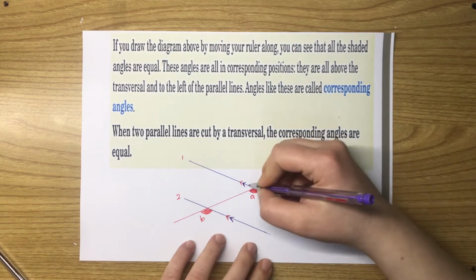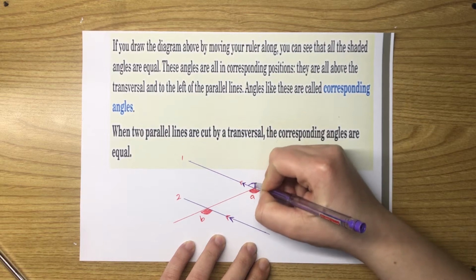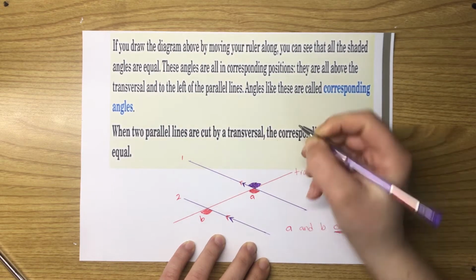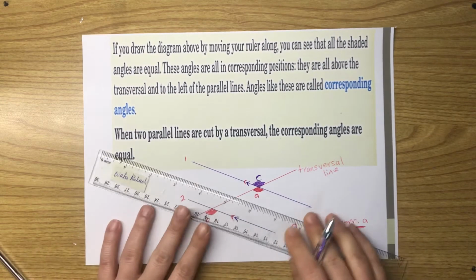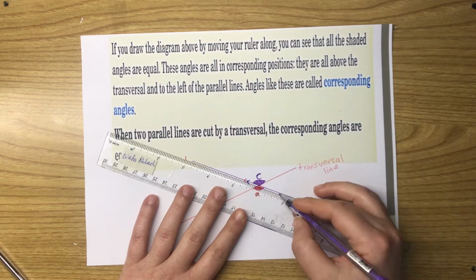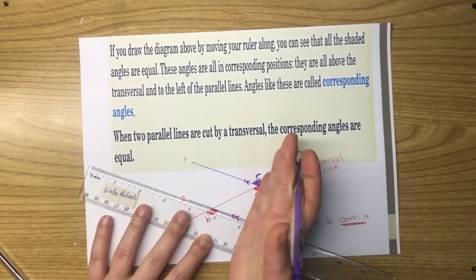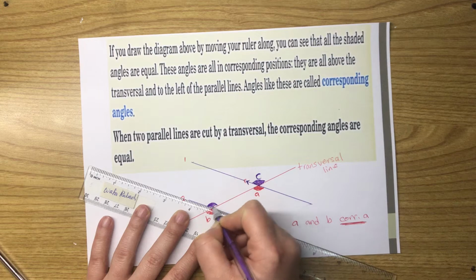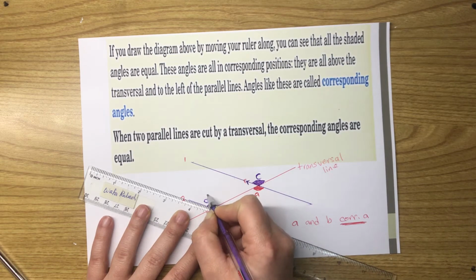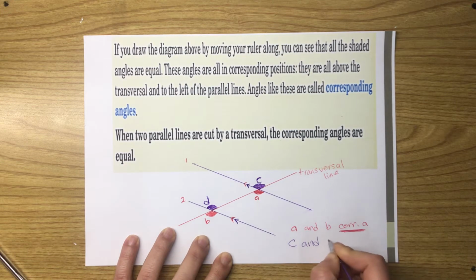What is the corresponding angle for this one? I'm going to name it C. It is on the upper side of this parallel line, so it's going to be on the upper side of the other parallel line, here. I'm going to name this one D. So angles C and D are equal.